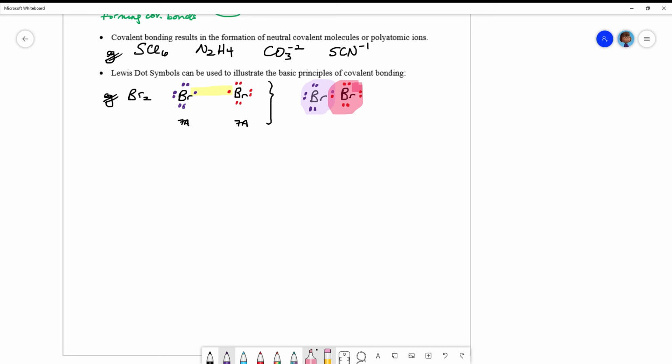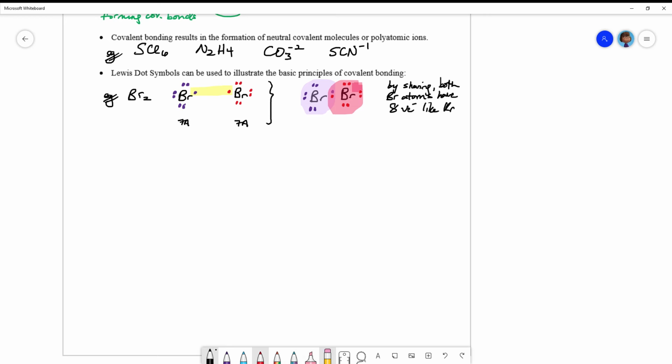Now, this means by sharing, both bromine atoms now have the same configuration as krypton. So by sharing, both bromine atoms have 8 valence electrons like krypton. That's their nearest noble gas neighbor.